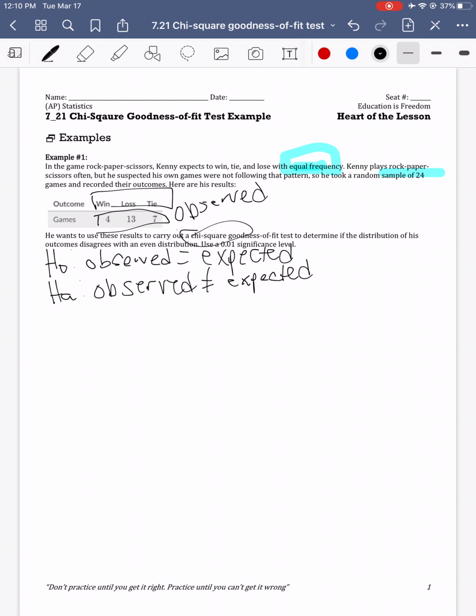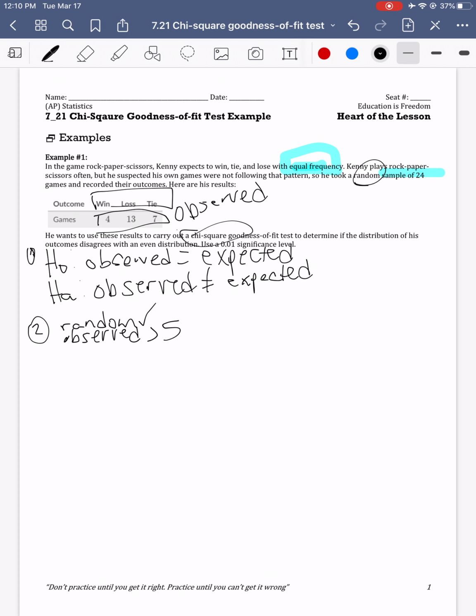Looking at these, I need to determine whether or not I can actually perform the test based on the conditions that we talked about yesterday. For our conditions, we need to make sure that we're taking the sample randomly, which it does say in the problem, took a random sample. We need to make sure we have a large count, so our observed values have to be greater than 5.